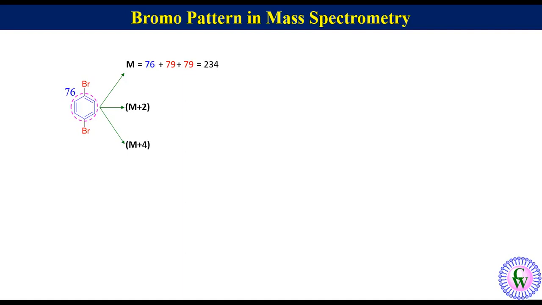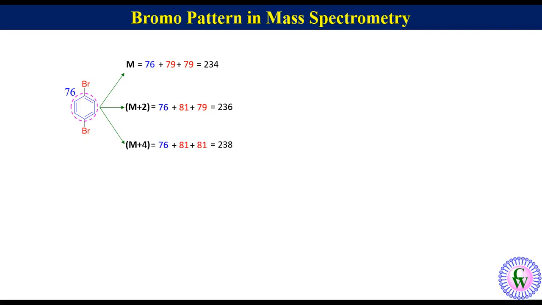The mass of the M plus 2 peak will be 76 plus 81 plus 79, equal to 236. And the mass of the M plus 4 peak will be 76 plus 81 plus 81, equal to 238.